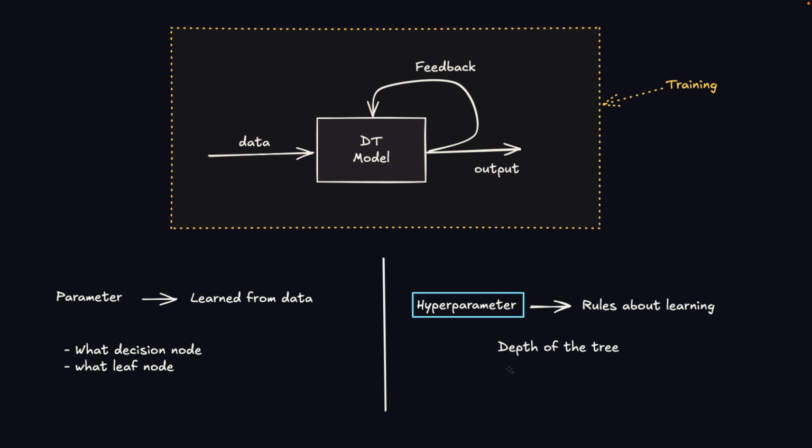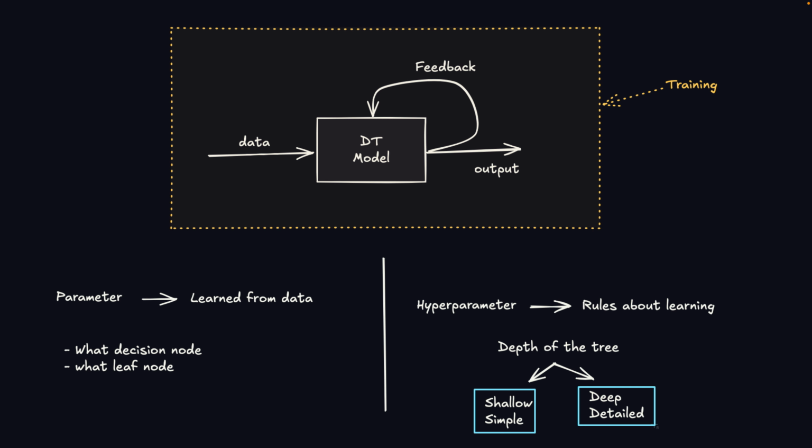An example for this is the depth of the tree in the case of decision tree. When we are training a decision tree, we can specify what the depth of the tree should be. Depending on the size that we choose, the model is going to be very different. If the depth is shallow, then the tree might be simple. But if it is deep, then our tree might be very detailed.